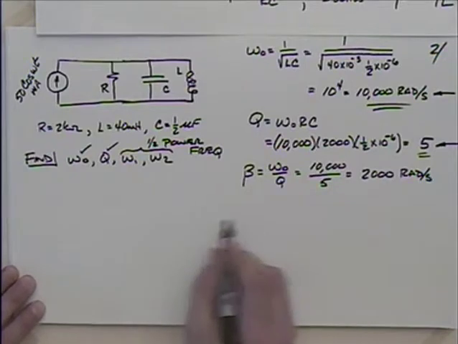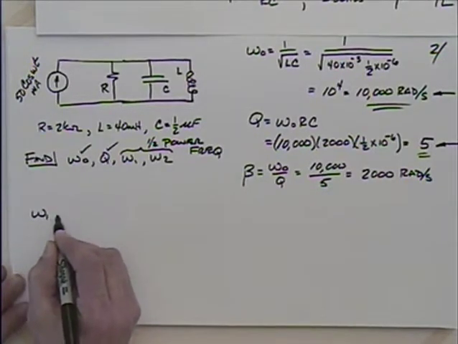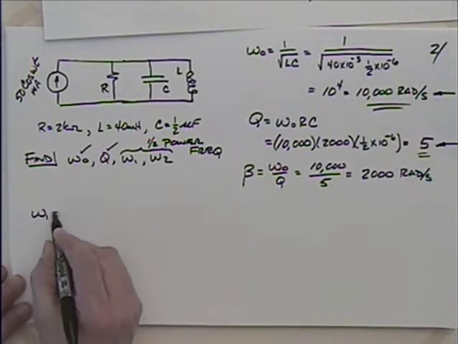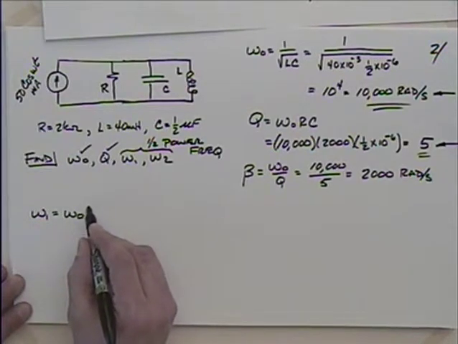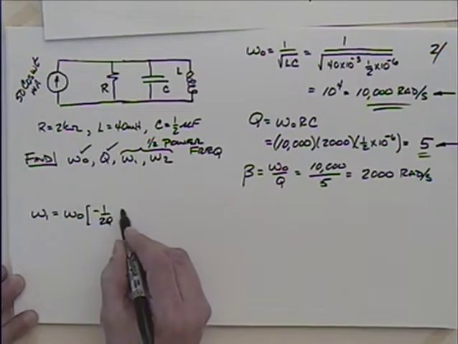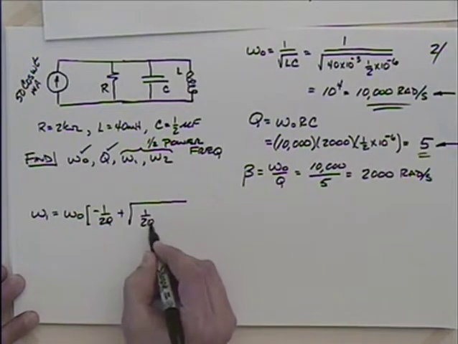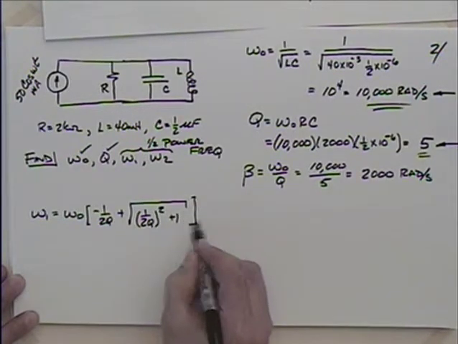So I can say that omega 1 is going to be equal to omega naught times minus 1 over 2q plus the square root of 1 over 2q squared plus 1.